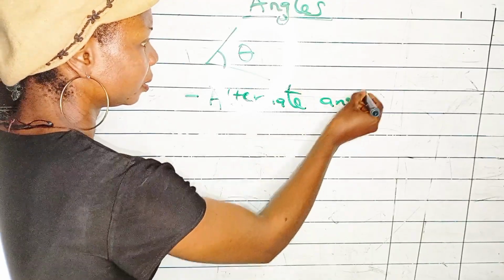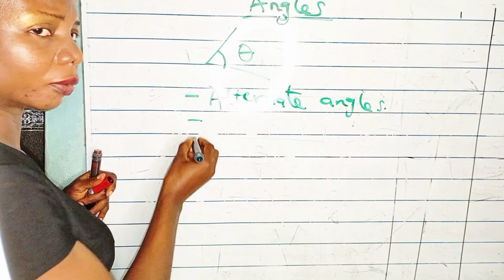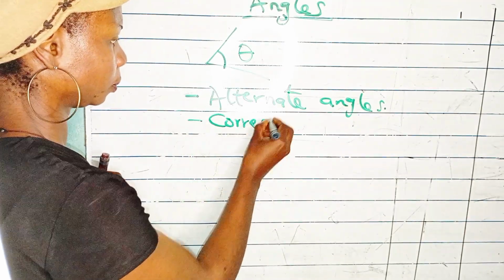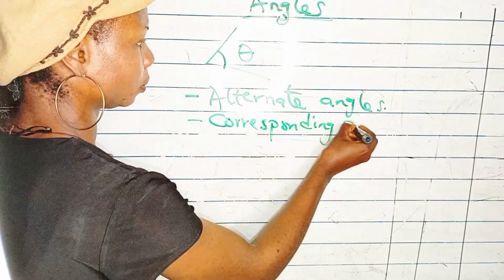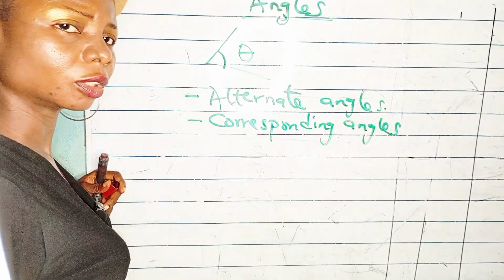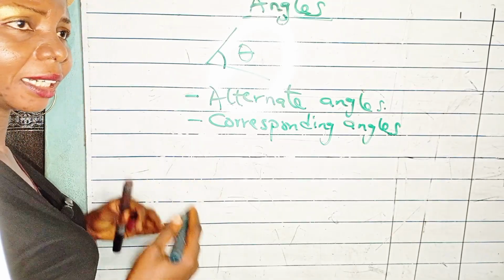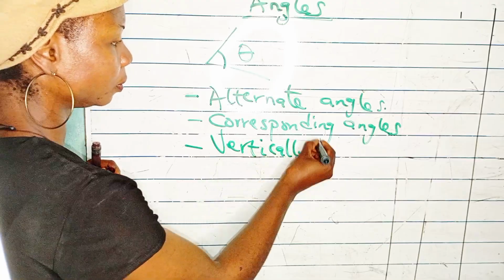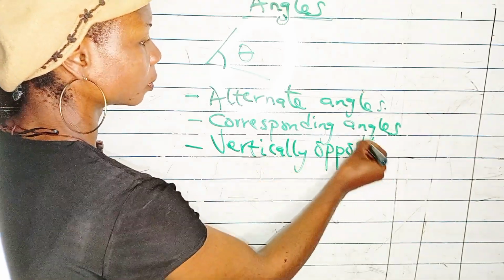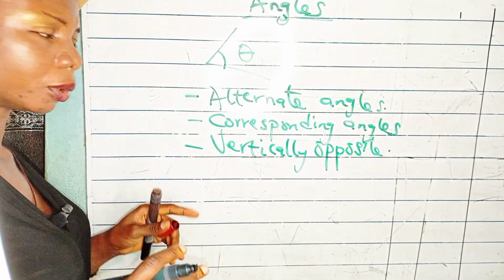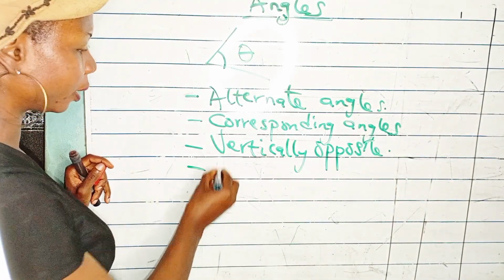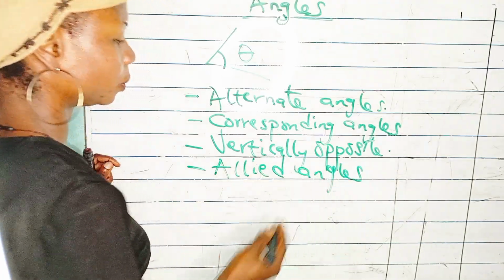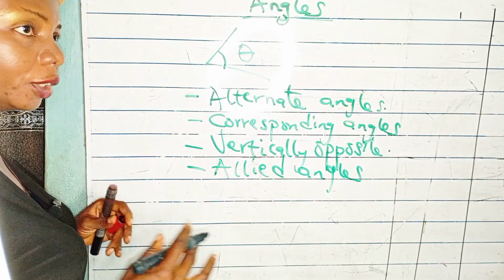We are going to discuss alternate angles. We're also going to discuss corresponding angles, and what we call vertically opposite angles. We're also going to discuss allied angles, or co-interior angles.